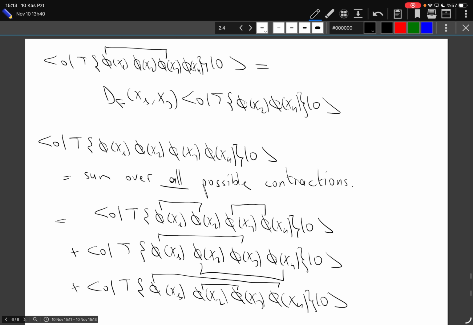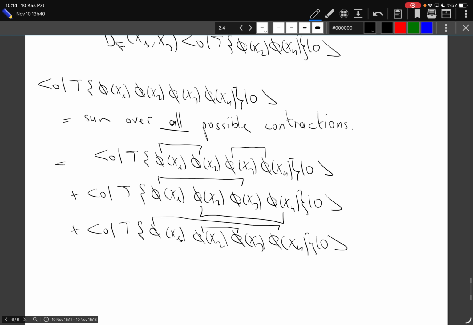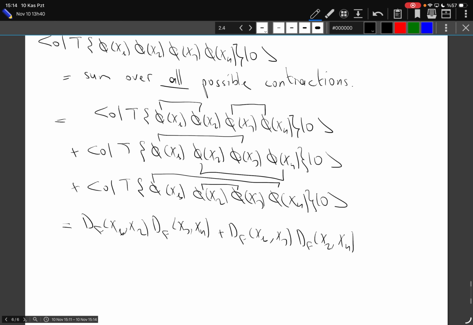What do those commutations give me? Well, the Feynman propagator. The first term is the Feynman propagator between x1, x2, and between x3, x4. The second term is the Feynman propagator between x1 and x3 and x2 and x4. And the third term is the Feynman propagator from x1 and x4 and the Feynman propagator between x2 and x3. This is the result of that matrix element.